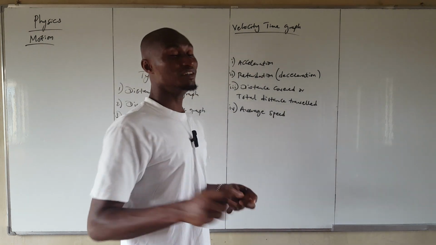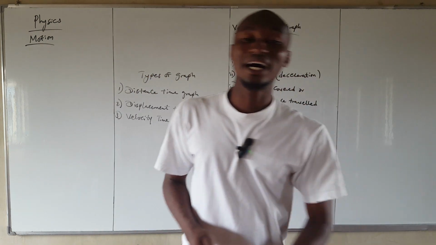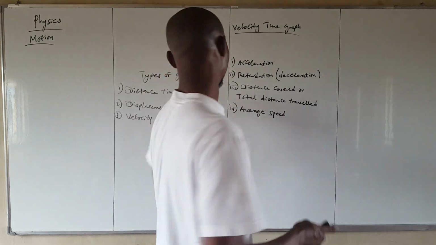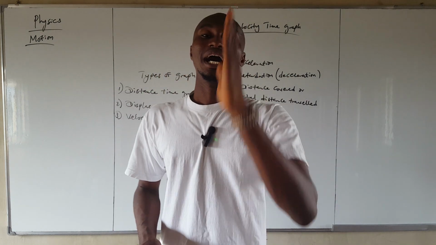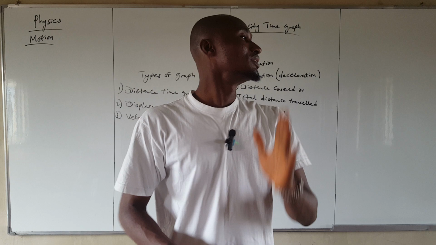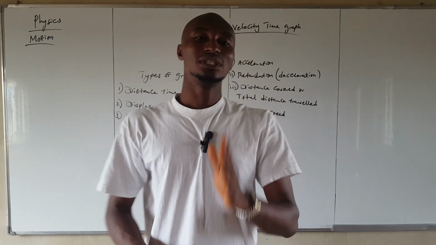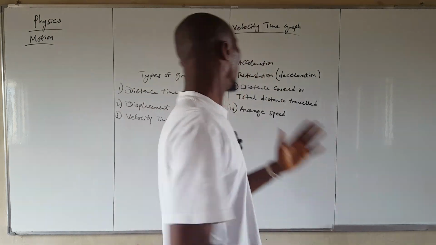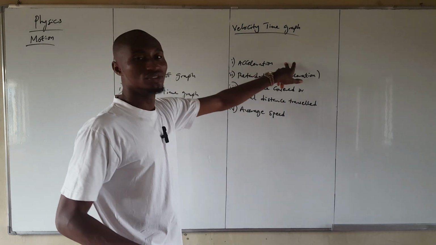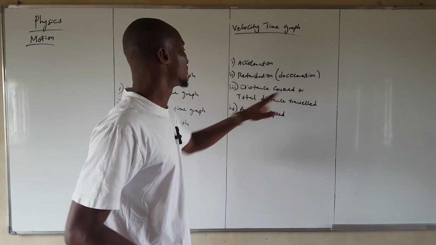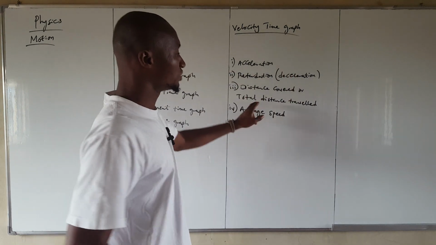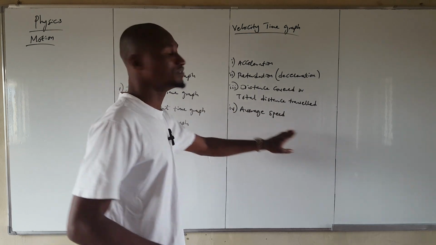I repeat, velocity time graph is the most useful graph among the three graphs aforementioned, and it gives accurate information on acceleration, retardation, distance covered or total distance traveled, and average speed.